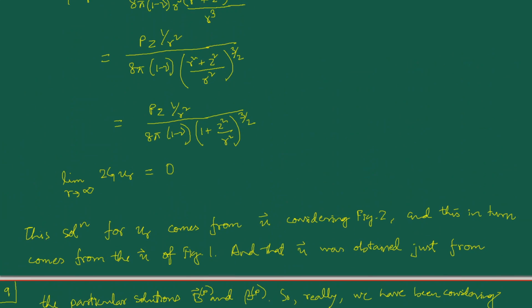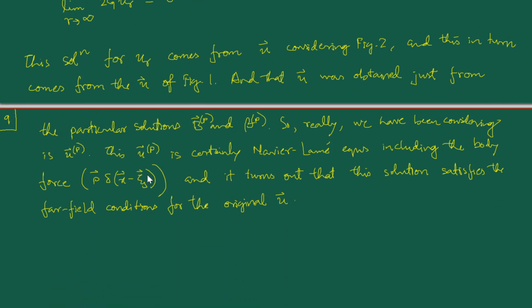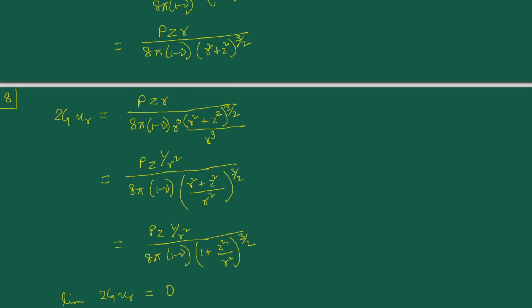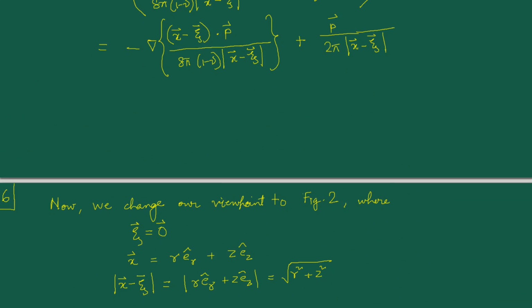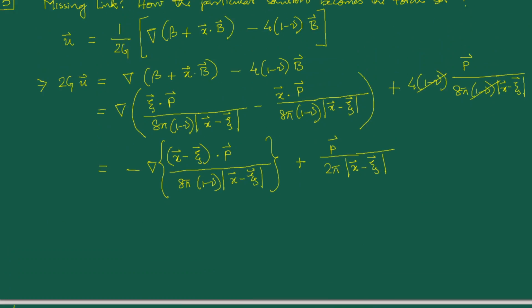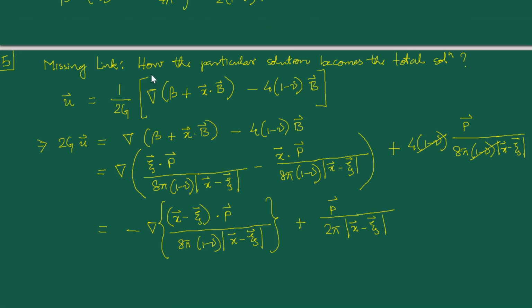So at least from this illustrative case of UR, we are seeing that far away from the point of application of the body force, it is indeed turning to 0. So it is as if this particular solution is not just a particular solution, it is the solution. Which is why, back here, if I can just go back a little bit, this missing link.